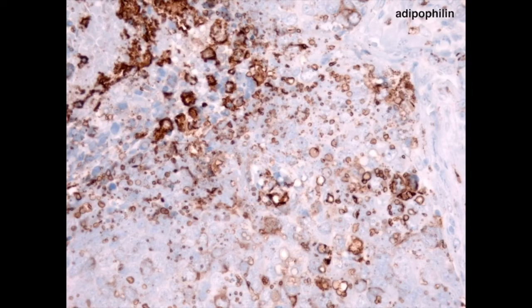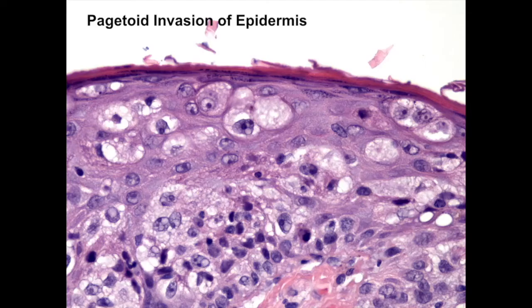Now, there is an immunohistochemical stain called adipophilin that you can do on paraffin-embedded tissue, and this can be a help. Another classic feature of sebaceous carcinoma is the invasion of the epidermis by tumor, which is called pagetoid invasion. Here we see the tumor cells in the epidermis.